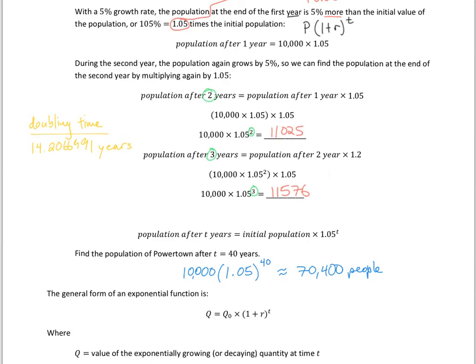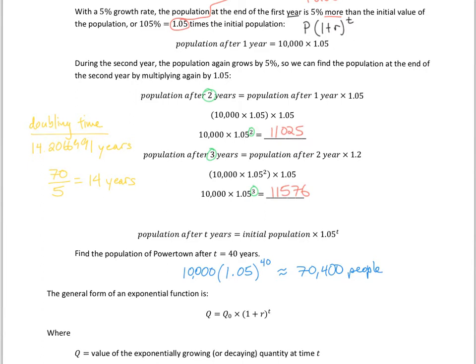So remember the doubling time we could approximate as 70 divided by the percentage. And the percent increase here is 5%. So when you divide these two numbers, you'll get 14 years.